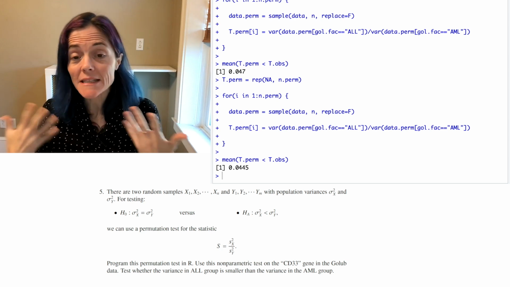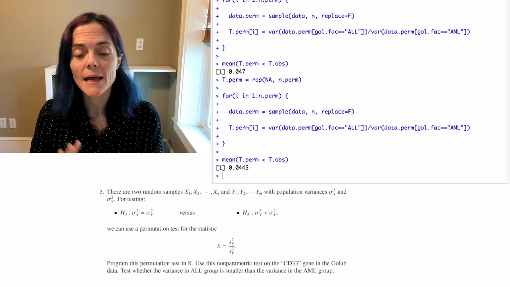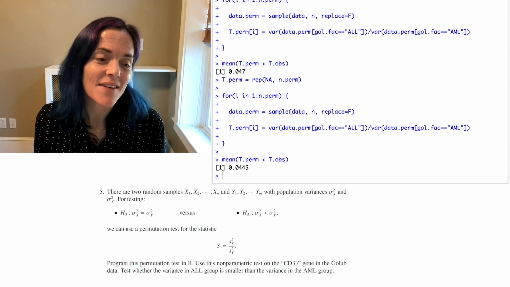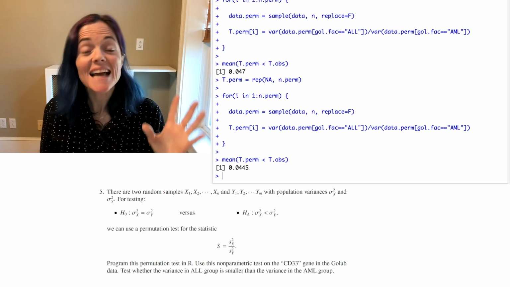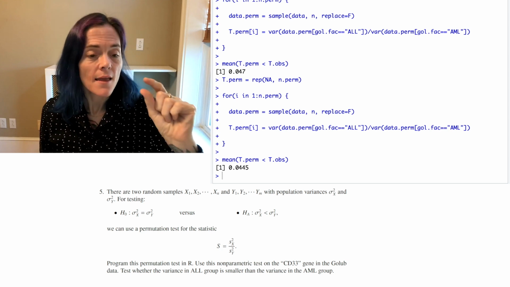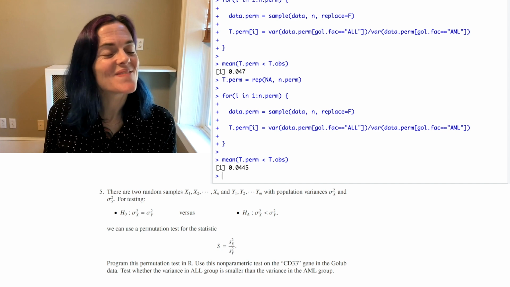Of course, you have a different collection of 2,000 permutations. But really, either one we choose, we get a statistically significant test. And so we would reject H0. It seems the variance of x is less than the variance of y.